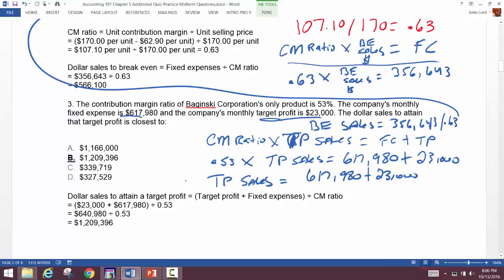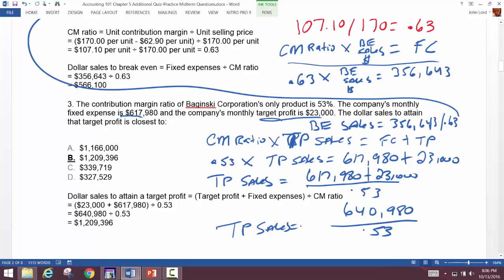So that number divided by 0.53, I'll go ahead and I'll write it just so we can see it. It's 640,980. 640,980 divided by what? 0.53 is equal to my target profit sales, which means my target profit sales better be this what? 1,209,396.